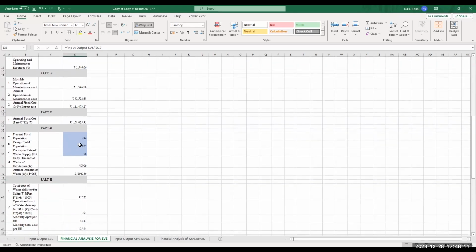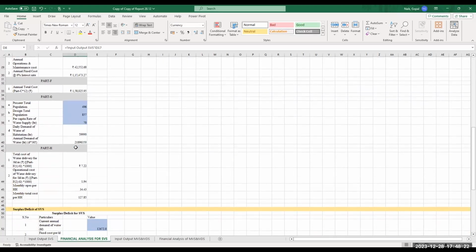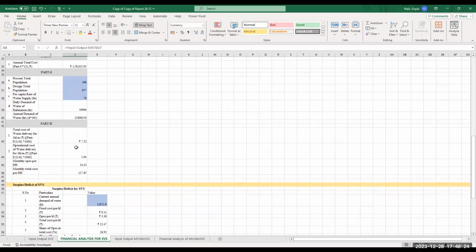And given that the present population, design population is already brought in from the previous sheet, it calculates the total demand for water and then calculates the total cost of water delivery and the operational cost, as well as monthly operational cost per households and monthly total cost per households.